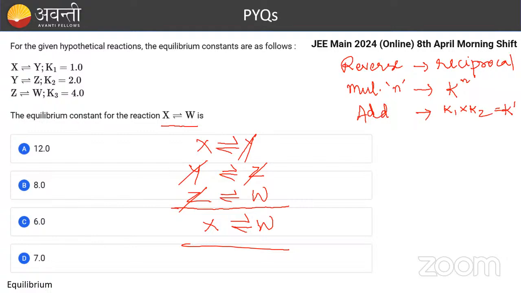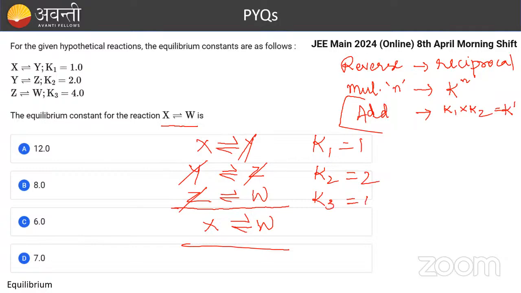So if we are adding all three equations, we have to follow the third property: multiply the equilibrium constants of all three equations. For the first equation the equilibrium constant K1 is 1, for the second it is 2, and for the third it is 4.